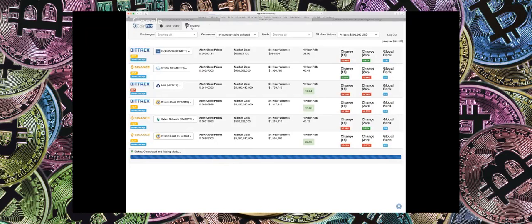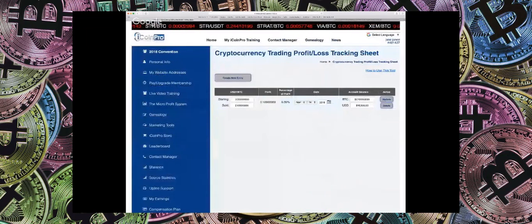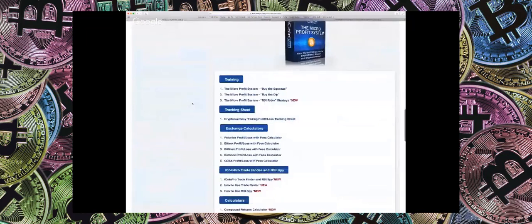Let's see. I think that's the main things that I actually wanted to cover with Trade Finder, RSI SPY, and the trading. Again, the entire system, exactly how to do everything that we teach people to do.